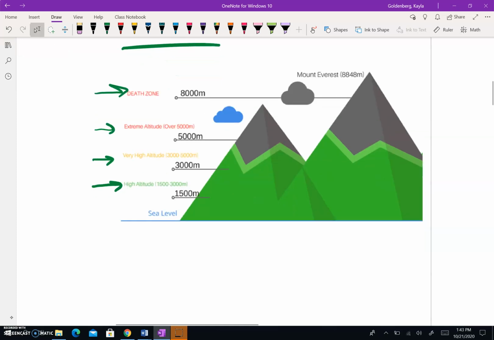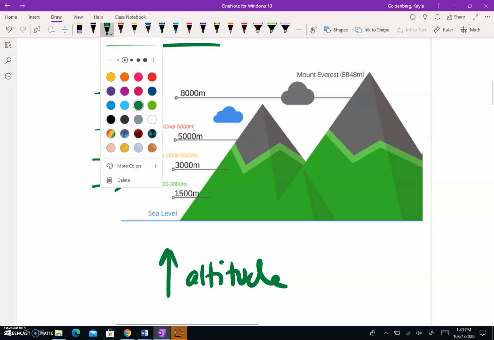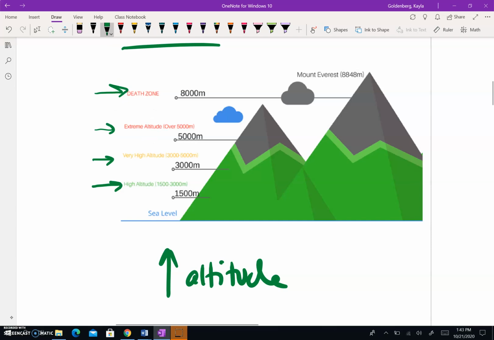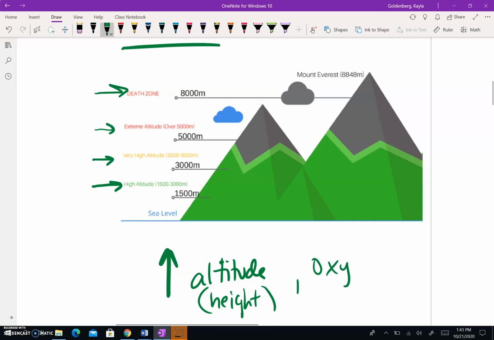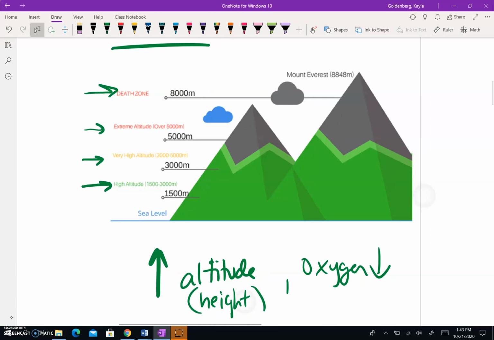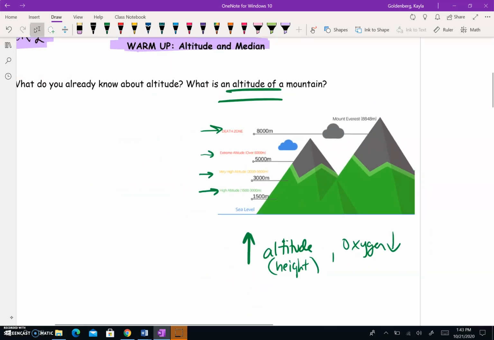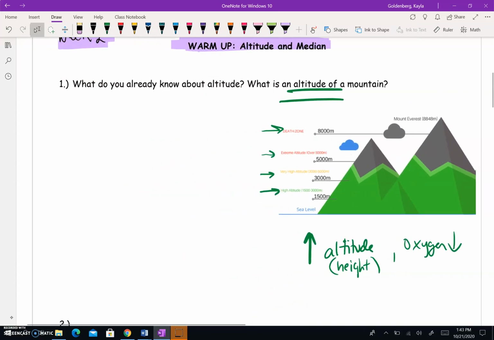So as we go up in altitude, which is a fancy word for height, the oxygen goes down, and that's why they say it's a death zone, because there's very, very little oxygen at that point. So altitude is a fancy term for height.